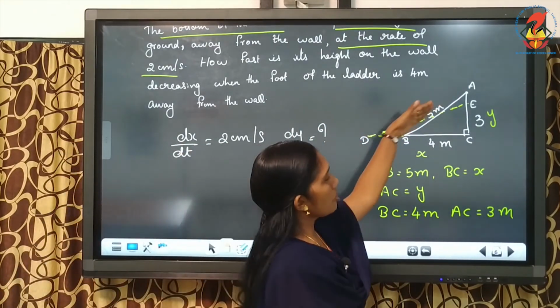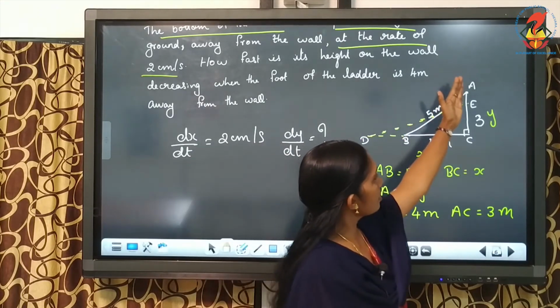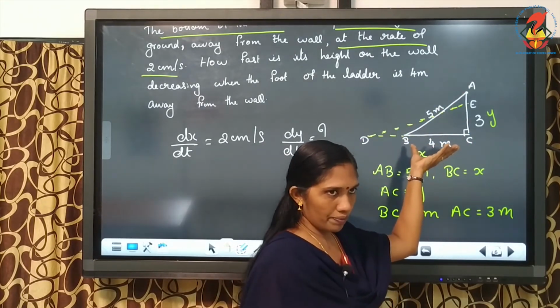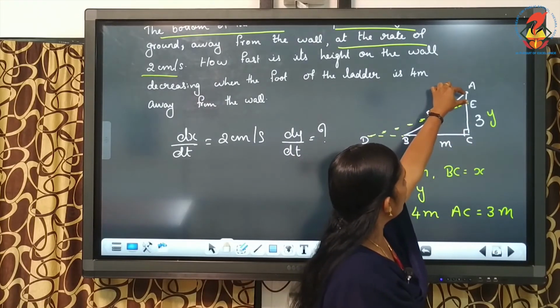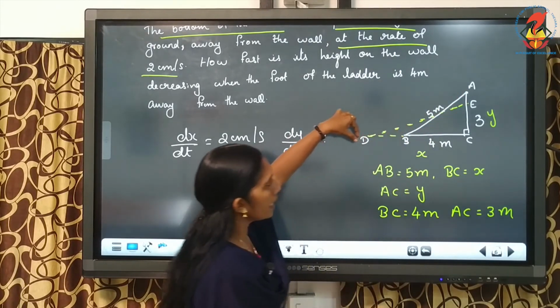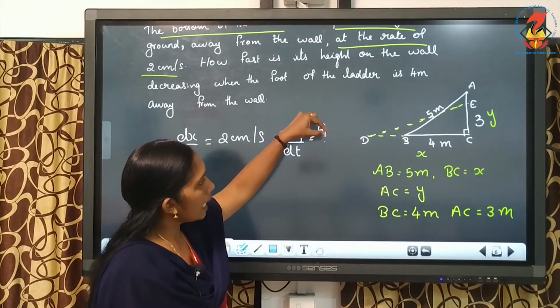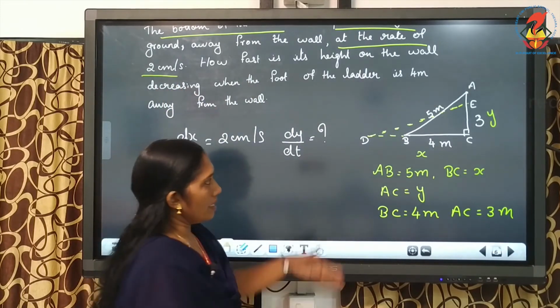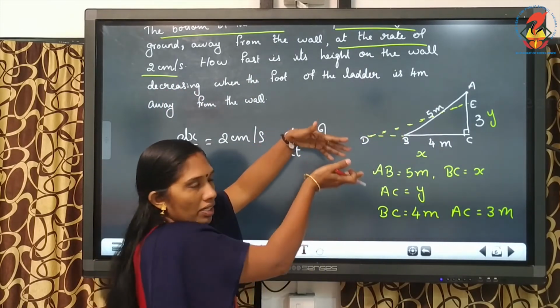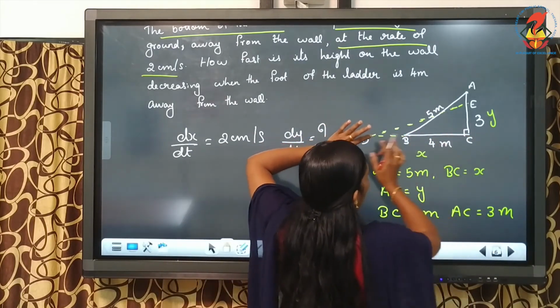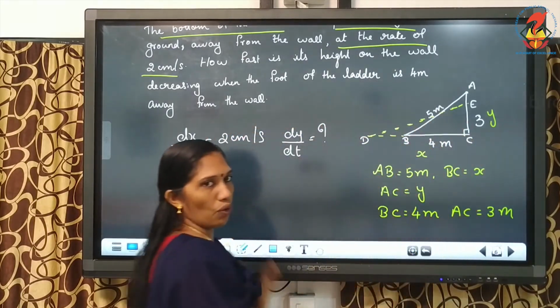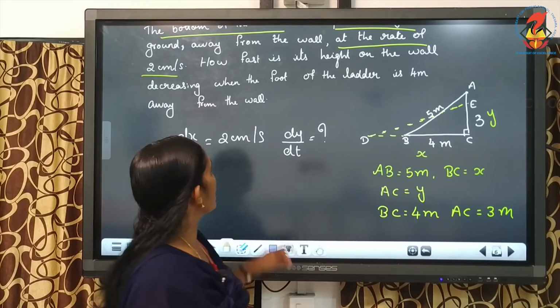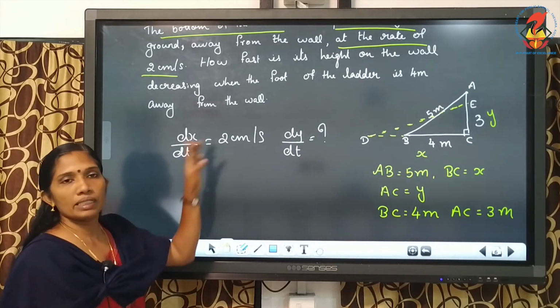So AB is the position of the ladder, this AC is the wall and BC is the floor. Then we pull this ladder along the ground. So that rate is given as 2 centimeter per second. So this is x and this DC is the new value of x, that change in x is given as 2 centimeter per second.